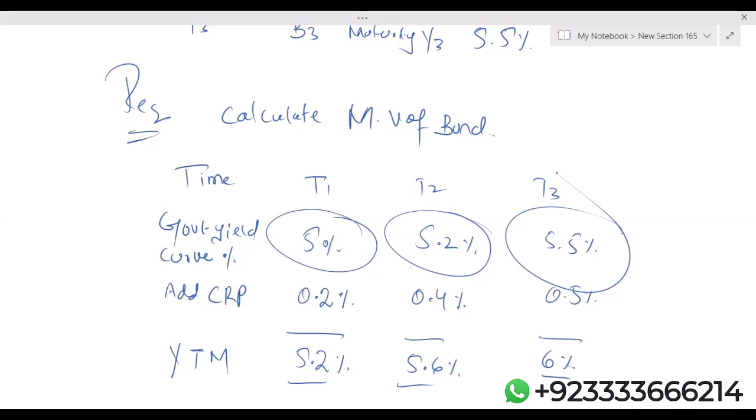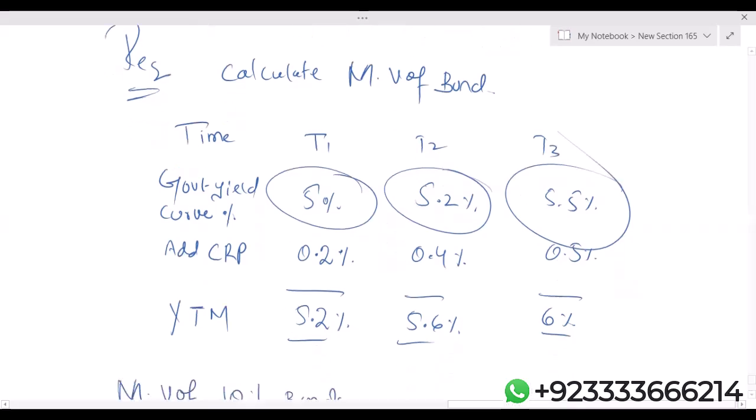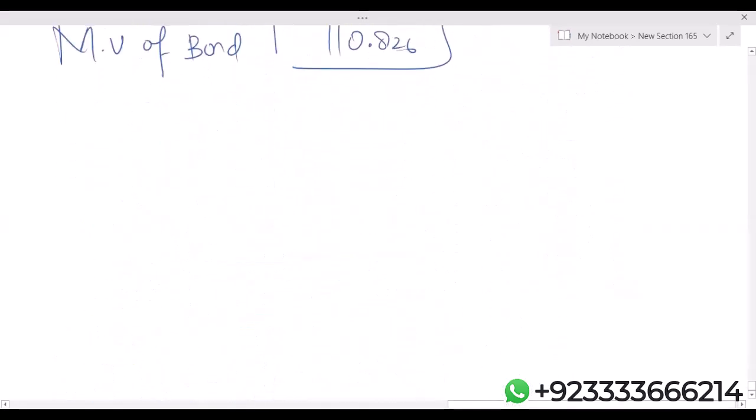Requirement 1: calculate government yield curve percentages. Second, market value of bond. Third, the examiner is saying I need YTM for cost of capital. Okay.